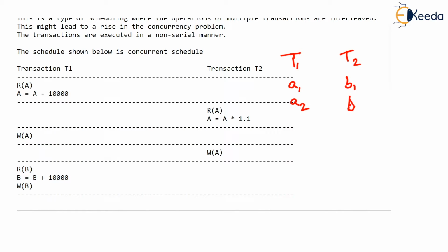Let's keep it simple. The two transactions have two operations each. Then how many such concurrent schedules are possible?